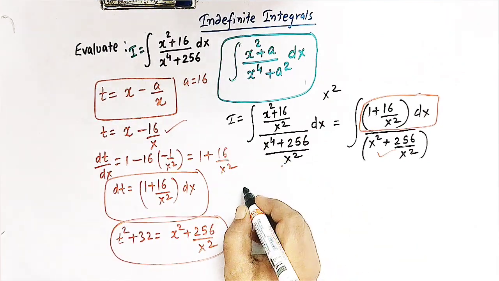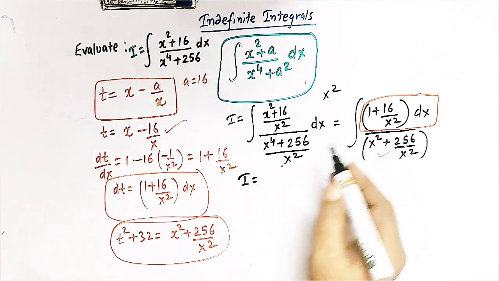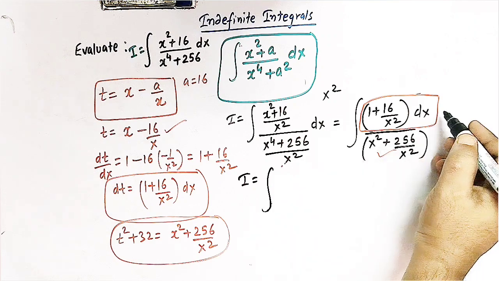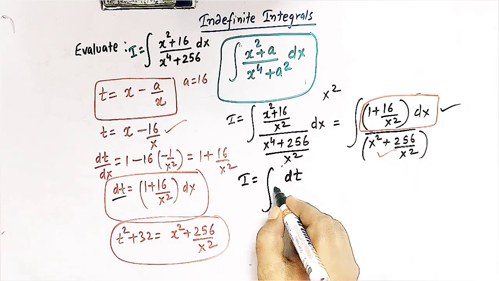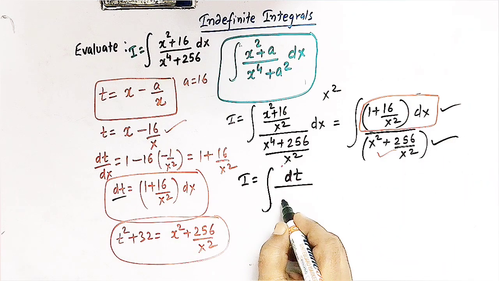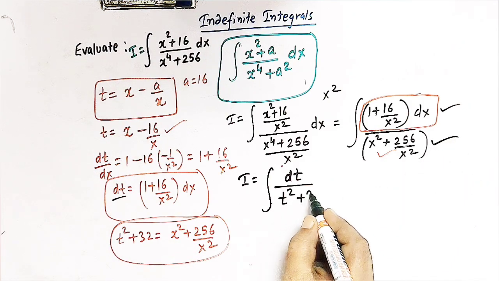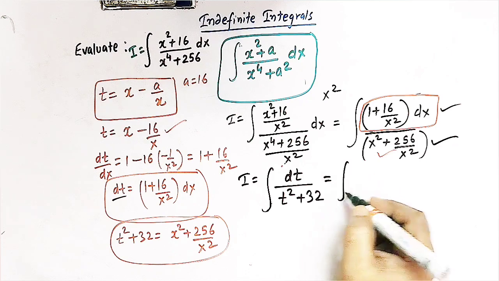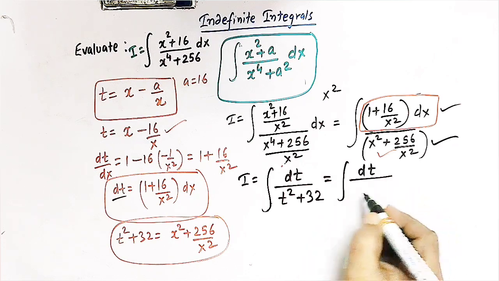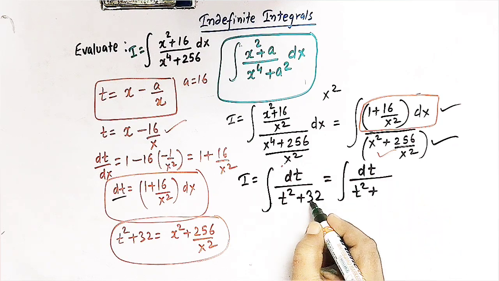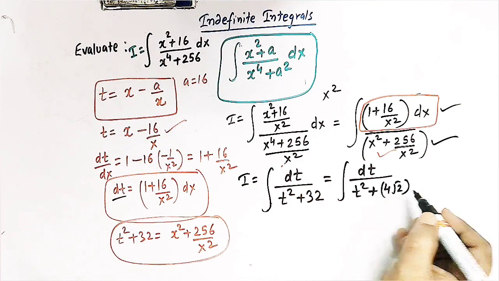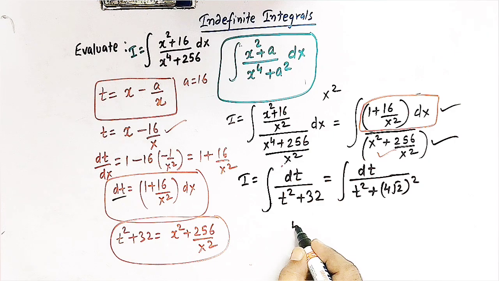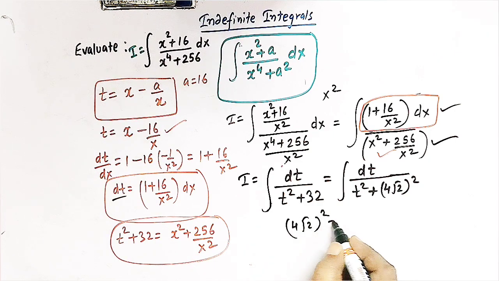So now our integral I takes the form in terms of t. For the numerator we have simply dt, and in the denominator we can write simply t square plus 32. And here we can write dt, and here we have t square, and 32 can be written as the square of 4 root 2, because the square of 4 root 2 is equal to 32.